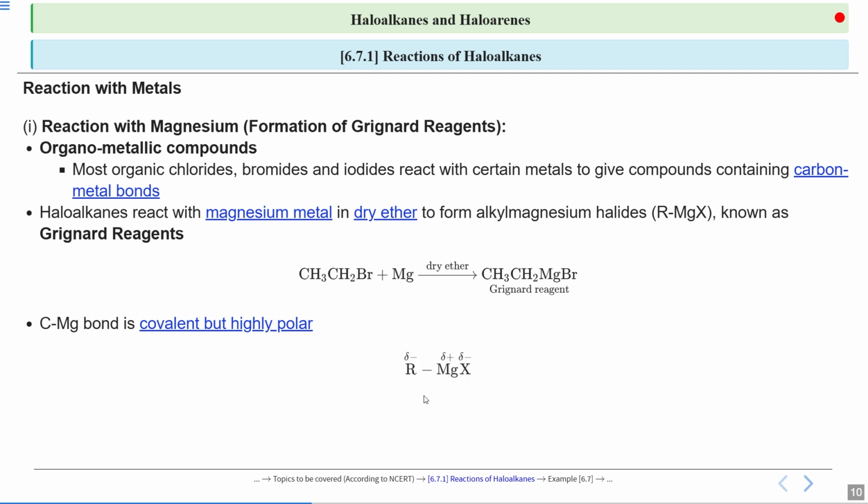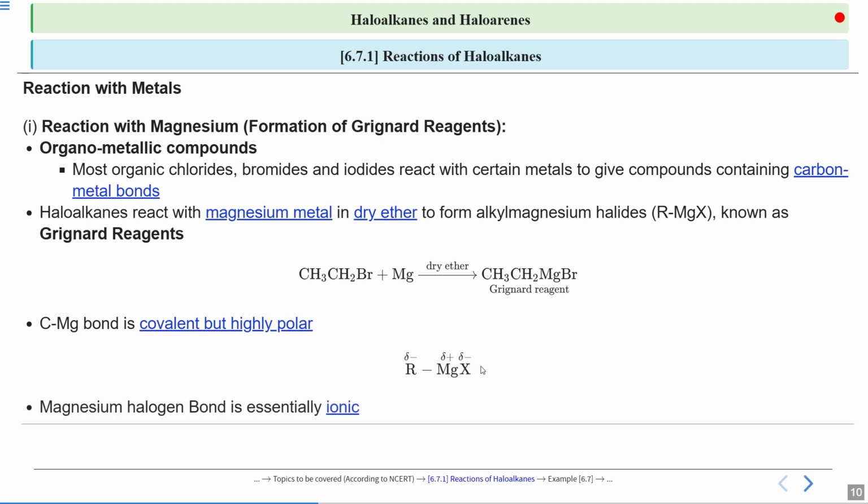So this is the representation that the bond between the carbon, or you can say the alkyl group, and the magnesium is highly polar, due to which partial negative and partial positive charges appear over the carbon and magnesium respectively. Also, there is a partial negative charge at the halogen, because the magnesium-halogen bond is essentially ionic and the halogen is electronegative. So it will get this partial negative charge.